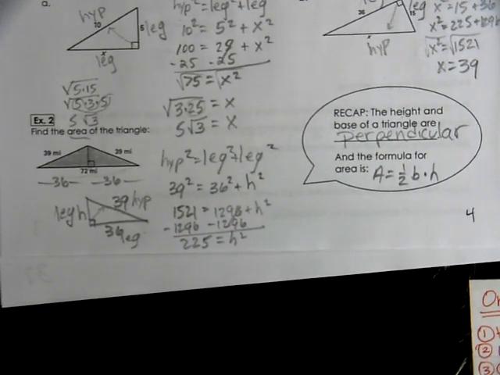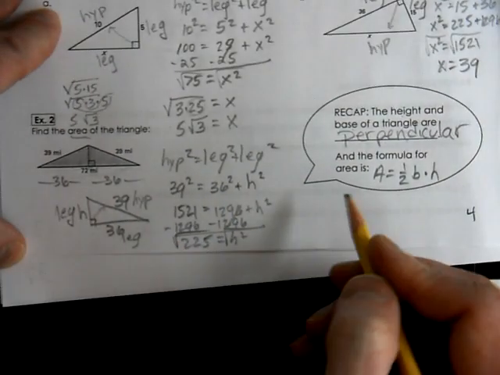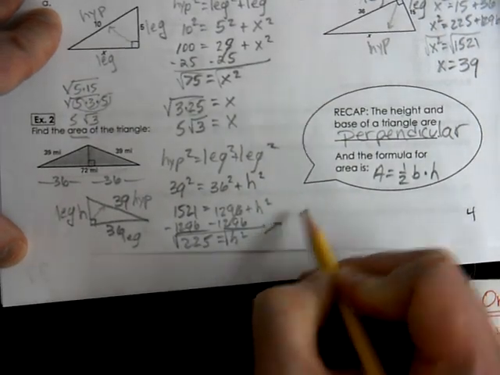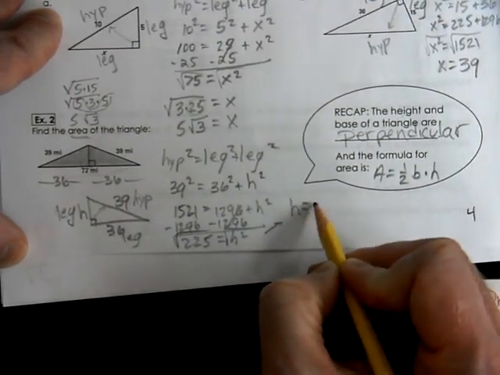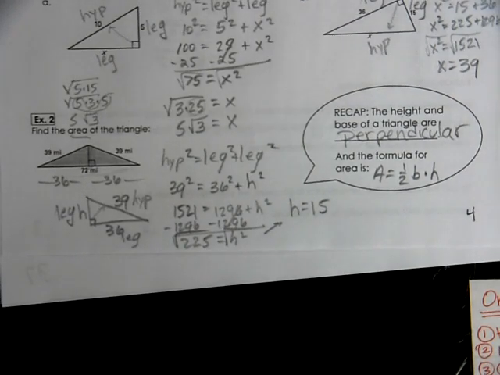Now what do I have to do from here? You need to take the square root of both sides of an equal sign. So we should probably say it. When you take the square root of both sides of an equal sign, you should get plus or minus. But because this is geometry and we're talking about a length, it can't be negative.